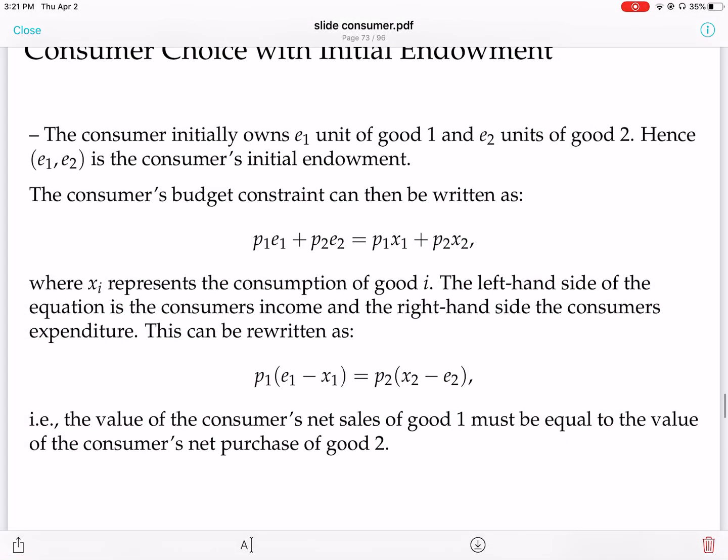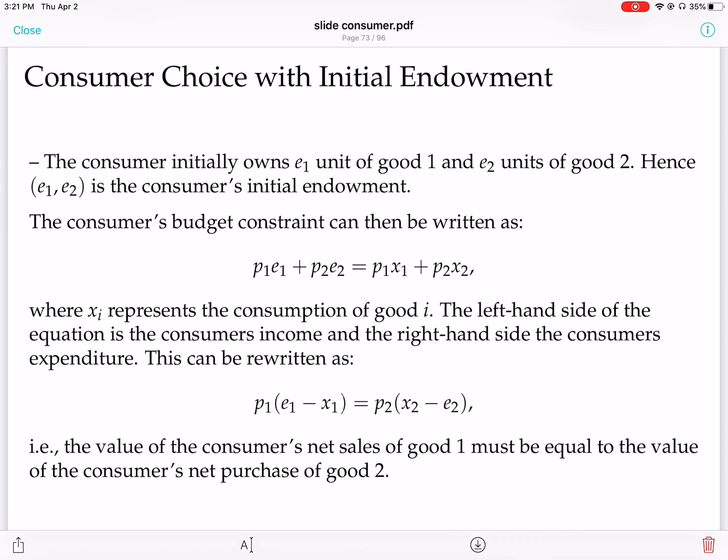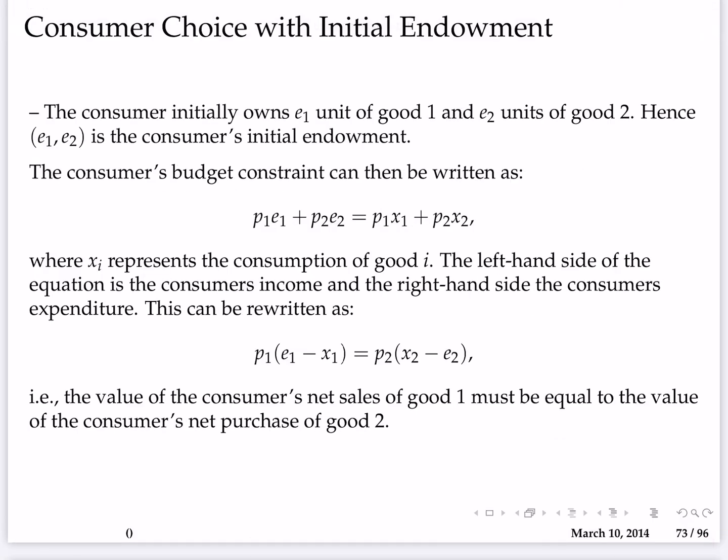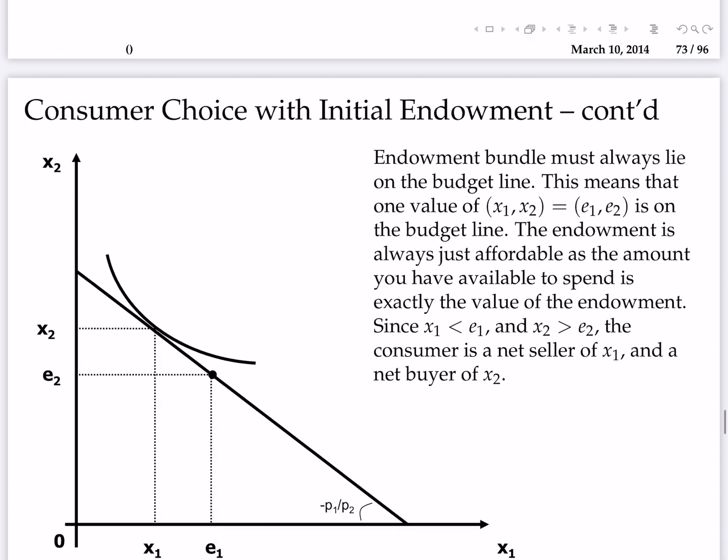All right. So here E1 and E2 are the endowment of the first good and the second good, and P1 times E1 is the value of the E1 you have, and P2 times E2 is the value of the second good you have. The right-hand side of the equation is the value of your consumption.